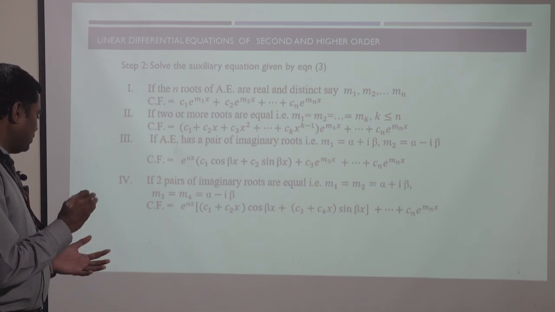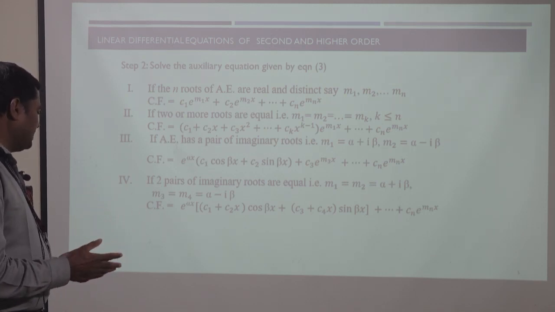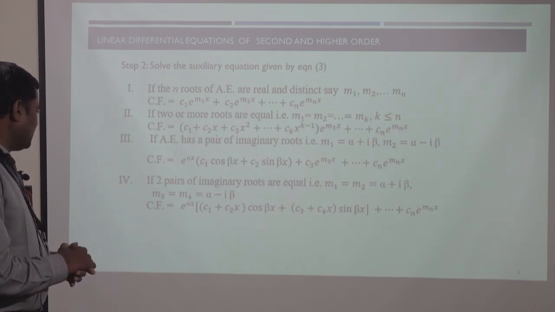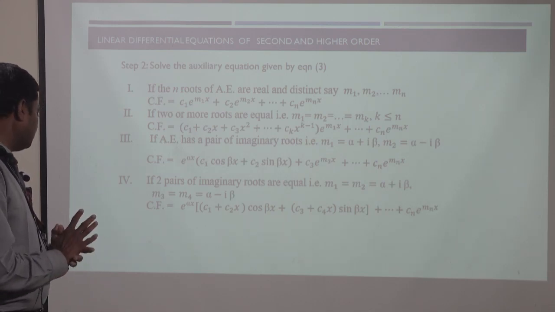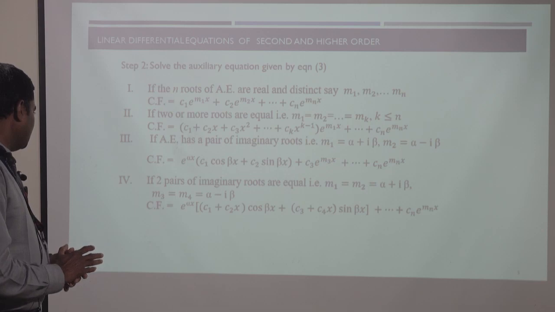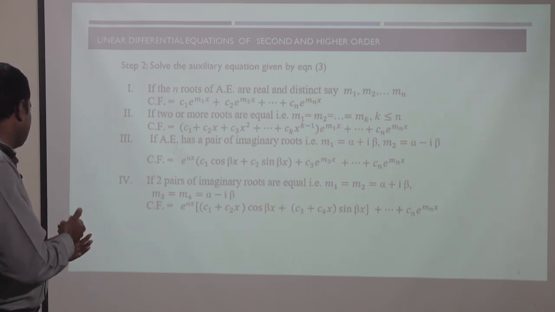That's all. If the next roots are different, as usual we write c5 e to the power of m5x, etc.